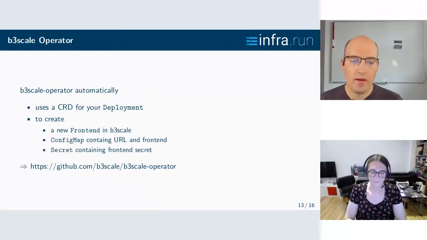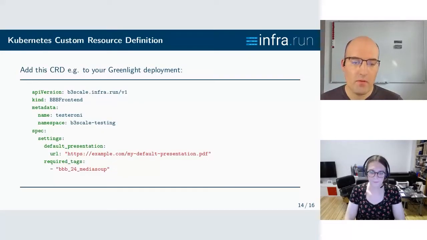And then you can, with a very simple custom resource definition, create a new front end for b3scale and a config map and a secret that provides all the information you need, like the front end secret and URL and whatnot, to your deployment, which is basically something like this.